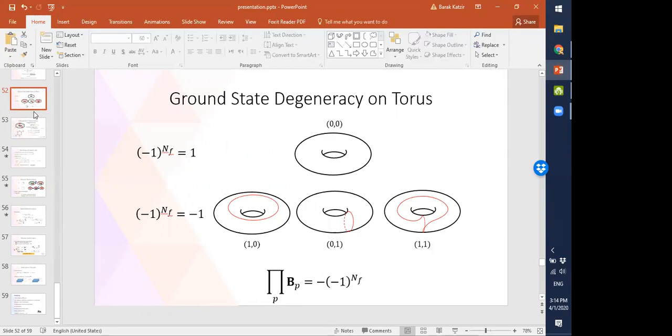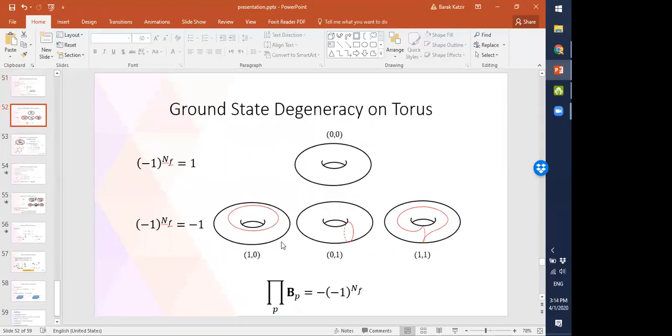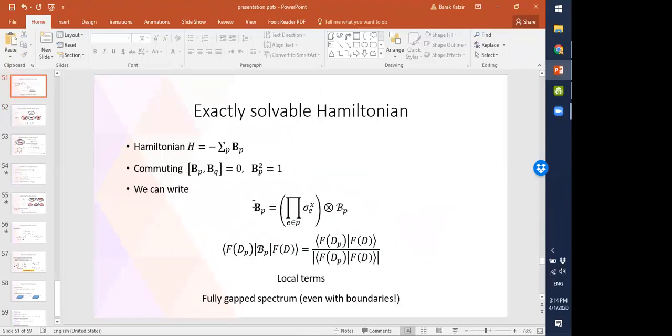Okay, so I'll try and summarize so far. Go back a bit, and we're looking at this Fisher lattice. On the Fisher lattice, the RK Hamiltonian becomes an exactly solvable Hamiltonian that can be viewed as a sum of commuting terms.